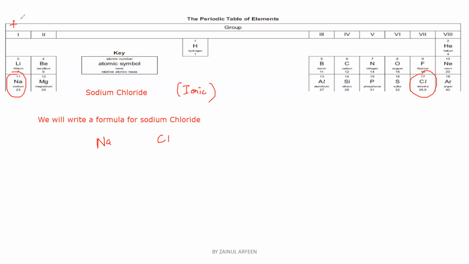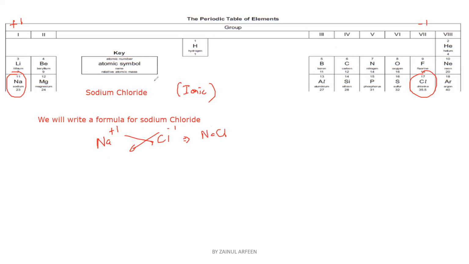So what will be the charge of group 1? That is plus 1. And chlorine belongs to group 7, so that is minus 1. So for sodium chloride, one is plus 1, another one is minus 1. We simplify the valency and cross multiply. So the formula of sodium chloride is NaCl. So our first step is writing a formula for sodium chloride, which is NaCl.